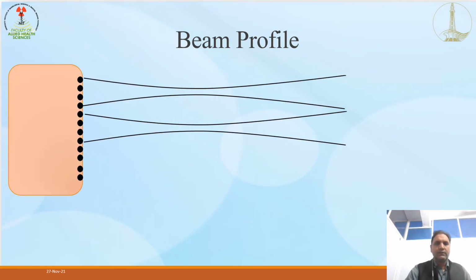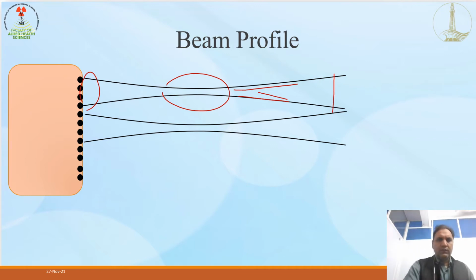Here you can see this is a beam profile. At this point the beam is converged and here it is narrowest in diameter, but at the face of the source it's wider, and then after convergence it again diverges and here it is wider again.